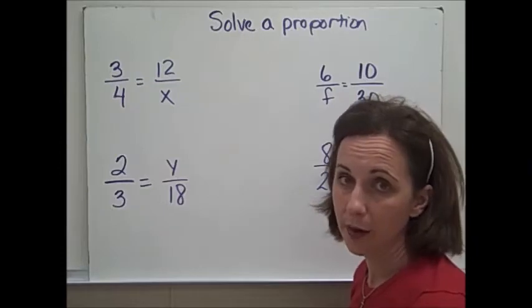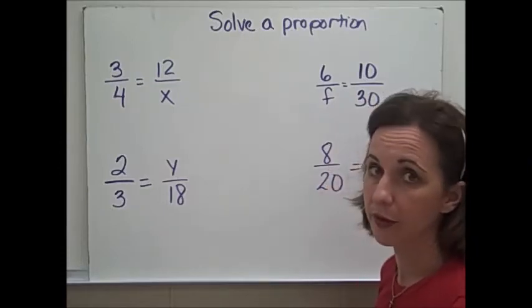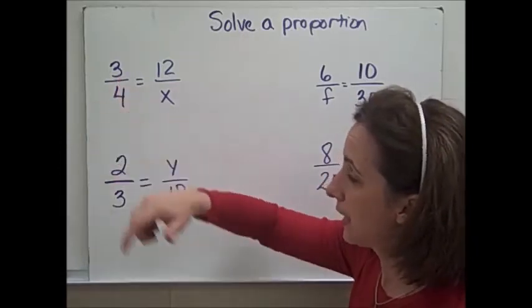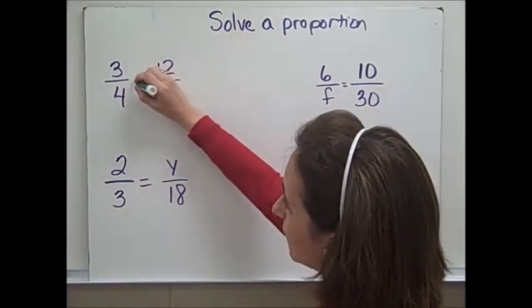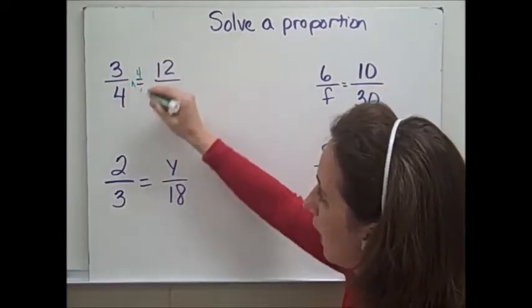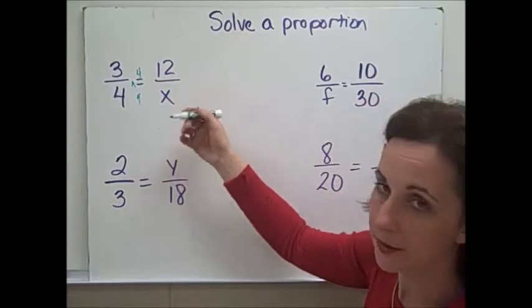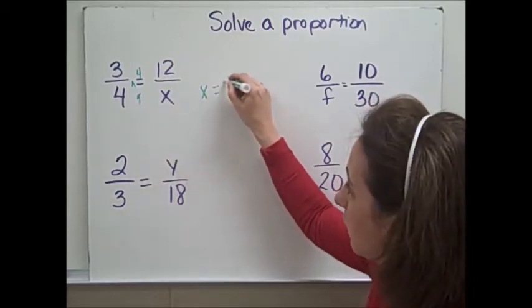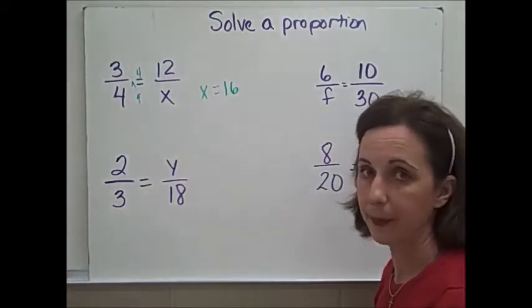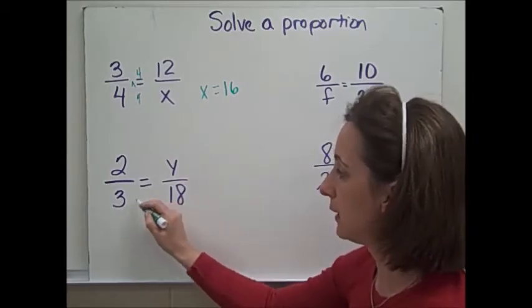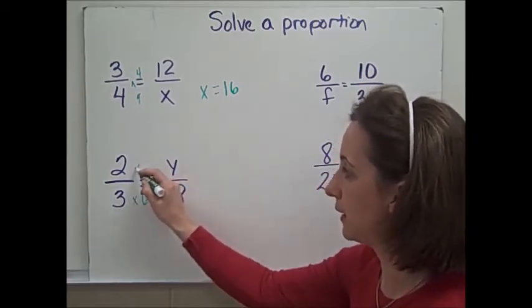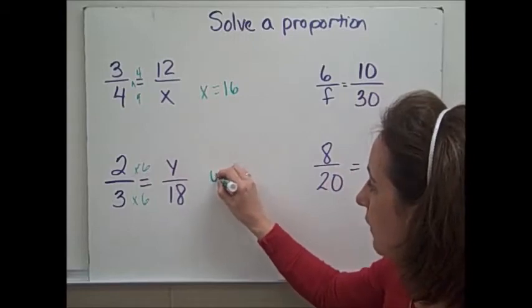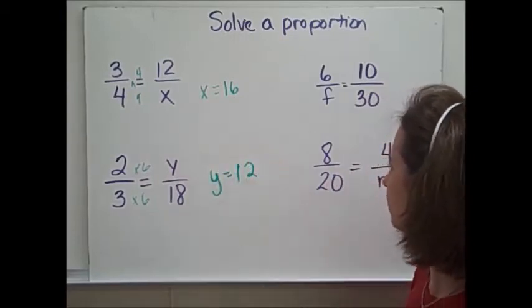The most common way, the way that you're probably the most familiar with, is the form of 1. Because 3 times 4 is 12, 4 times 4 is 16, and so x equals 16. 3 times 6 is 18, and 2 times 6 is 12, so y equals 12.